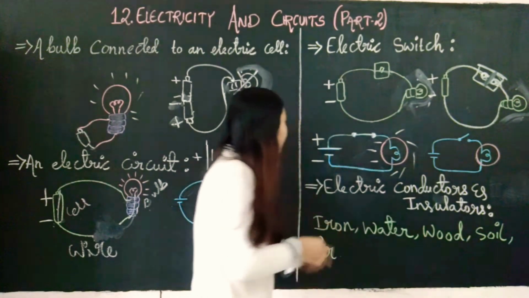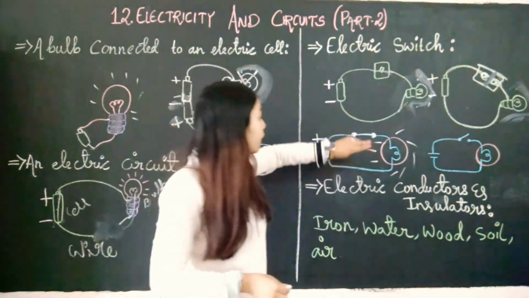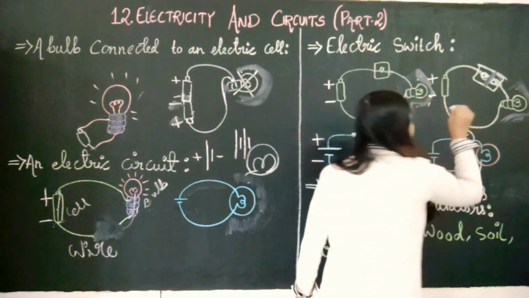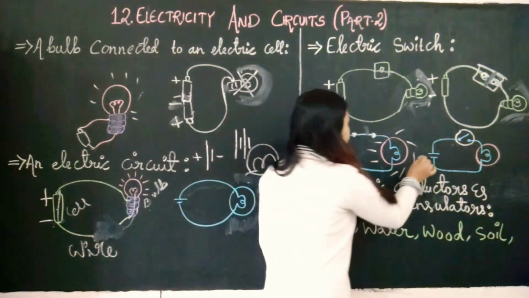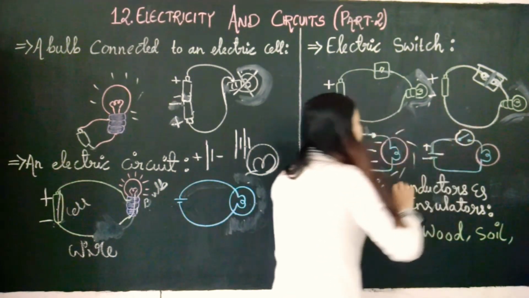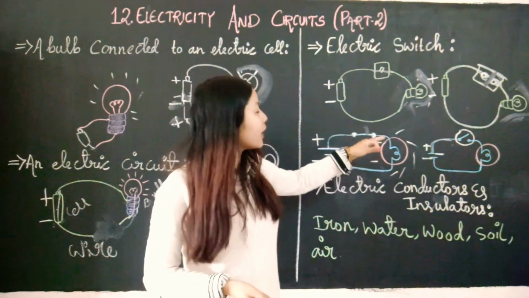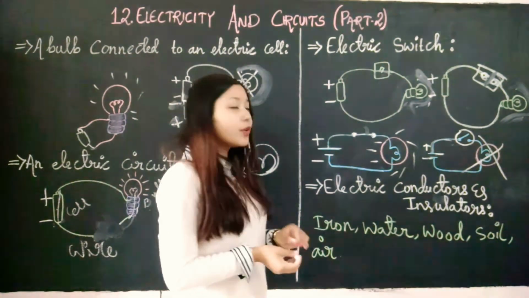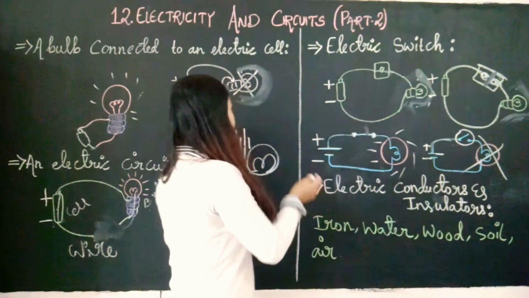As we don't see any opening here, when you switch off, then this will come out, and now this represents a switched off. Then what will happen? Positive, negative. Then here you can see this opening. This will not let the electricity flow continuously, and hence our bulb will be switched off. So I hope you have understood how the electric switch works.